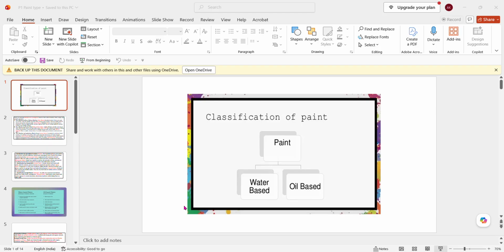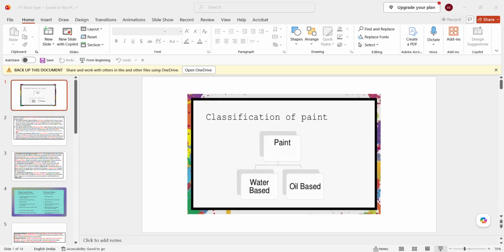Bituminous paint means tar, black in appearance, and it will protect the surface from corrosion due to the presence of water vapor. This paint can be used underwater as well, and it has a long lasting property. Normally in cooling tower areas, we use bituminous paint on the pipelines, because water is always sprinkling there, so it will protect the pipeline from corrosion.